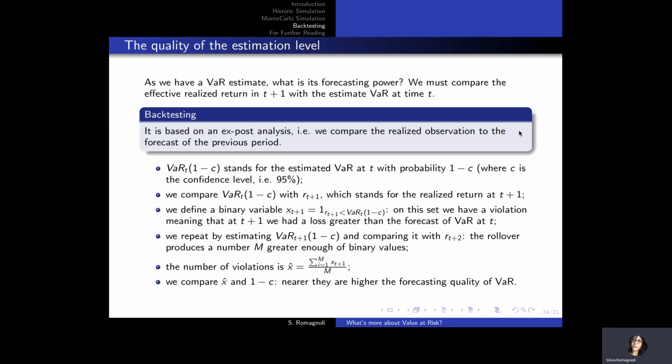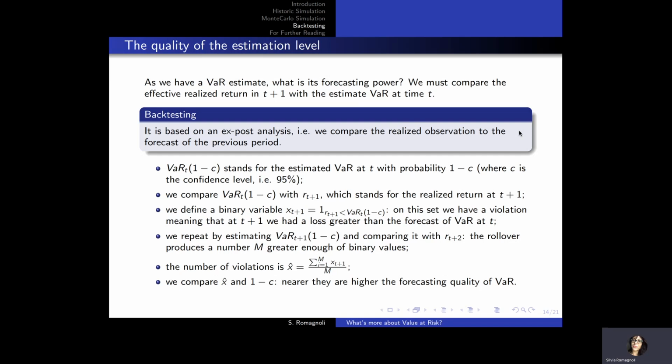For example, if the confidence level is 95%, 1 minus C is equal to 5%. So we compare this estimated VaR with the realized return at time t plus 1. Therefore, the comparison is done at time t plus 1 when the return is well known.